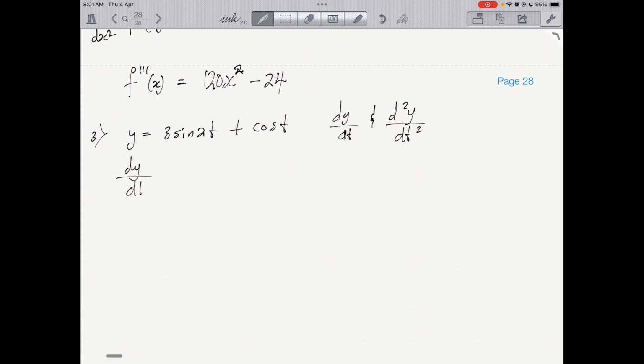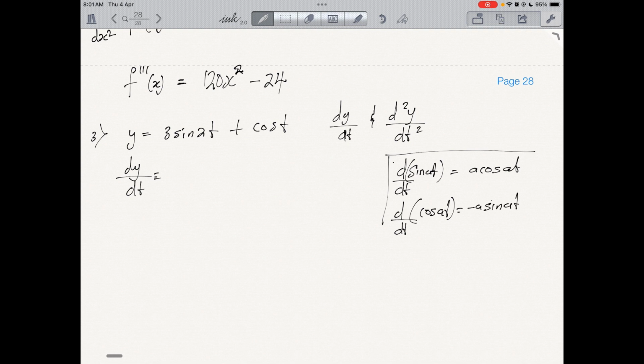Now let's evaluate dy/dt. And we are going to be applying two principles: that when we differentiate sine at, we are going to have a cos at, and when we differentiate cos at, we will be having a minus a sine at. These are examples that we have done in differentiation of y equals sine ax, the third video in this series.